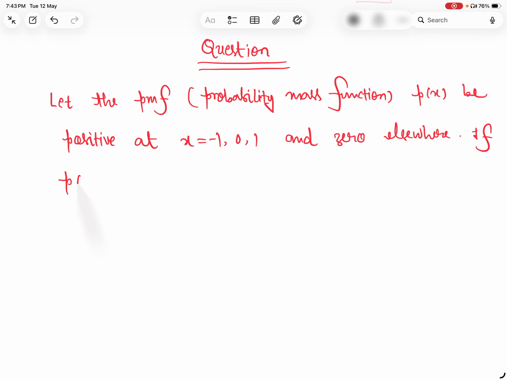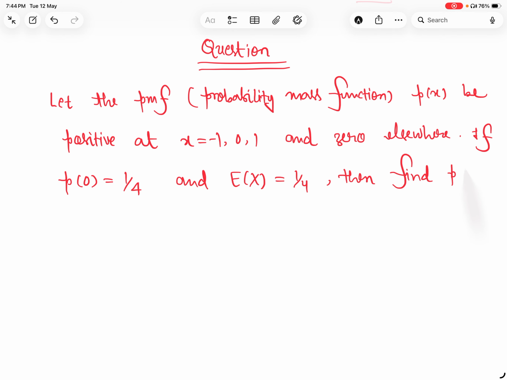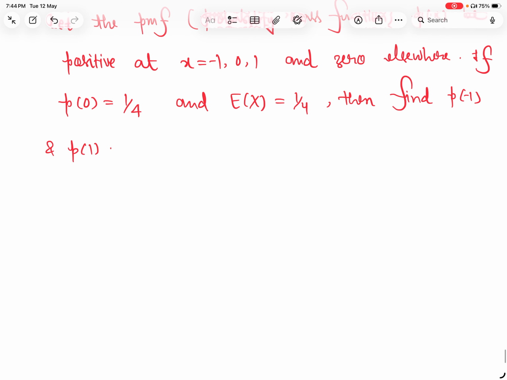P at 0 is 1 by 4 and the expectation of X is 1 by 4. Then find p at minus 1 and p at 1. Let's see its solution.